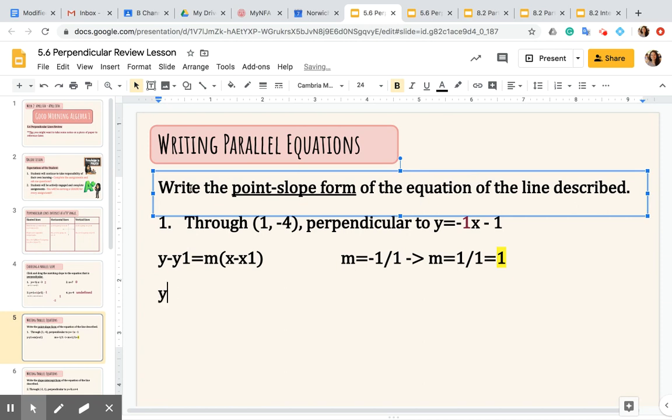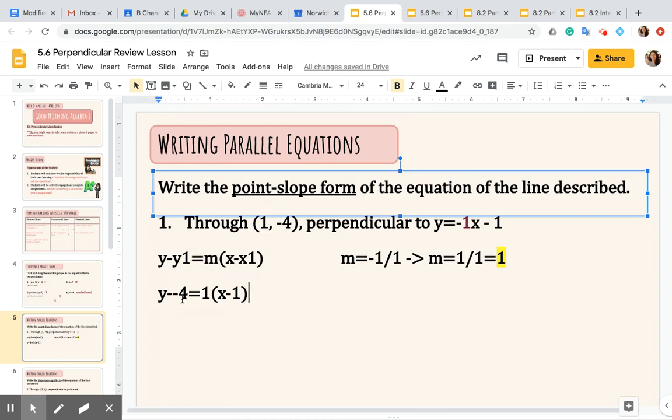So I'm going to do y minus, and now I just start substituting my values. I substitute the y value, where y1 goes, it's a -4, equals, instead of m, I'm going to substitute the slope that I want, which is 1. I'm going to open a set of parentheses and type x minus, and instead of x1, I'm going to type the x value, close parentheses.